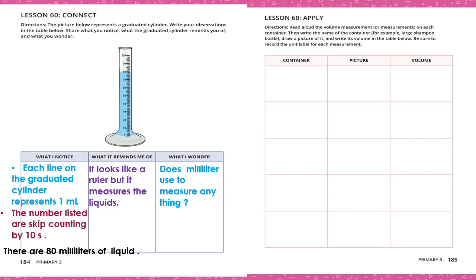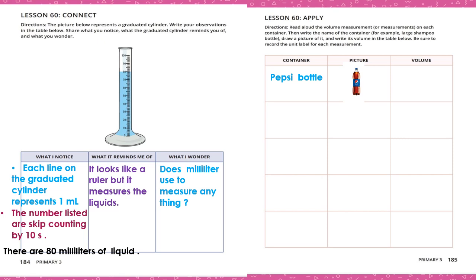The next page here is the apply part. We have a table that consists of 3 columns. The first column is container, the second is the picture, the third is the volume. Here I will give you some examples to get the volume. The bottle of Pepsi, its volume, liter or milliliter?